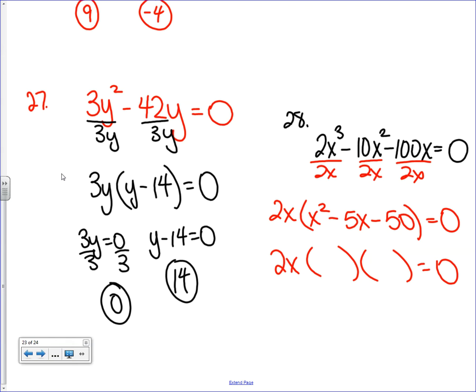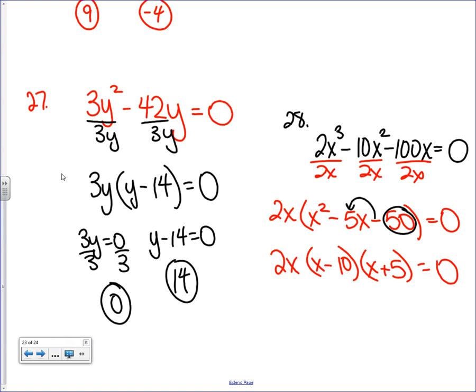Are we doing okay? Yeah? What am I going to start this with? And I'm looking for factors of 50 that will subtract to 5. 5 and 10 or 10 and 5, it doesn't matter. Same or different. And the bigger one needs to be subtraction.